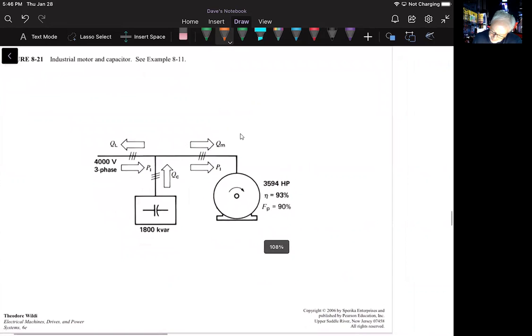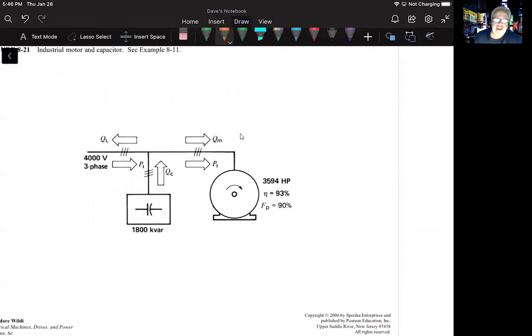Now, I will tell you up front, this is a common connection scheme for this type of situation, because this large motor has a lot of inductance in it, and so a lot of times in a situation like this, a large capacitor is placed in front of the motor to improve the power factor.